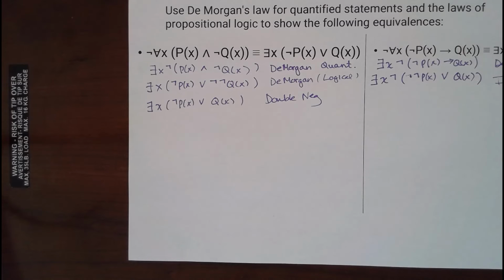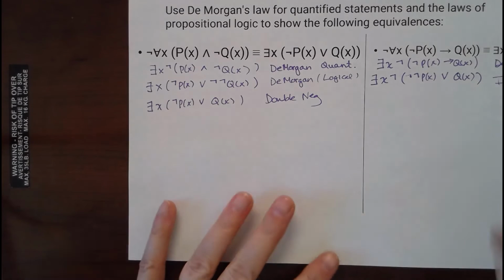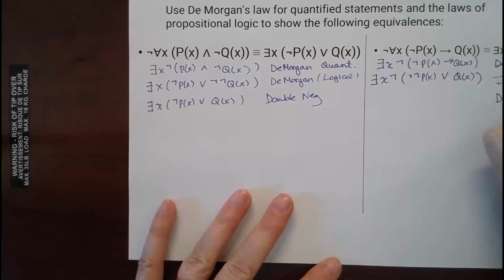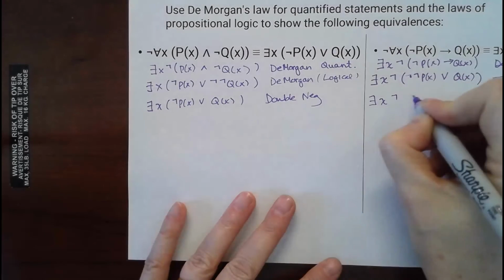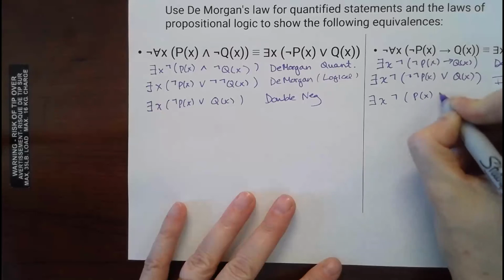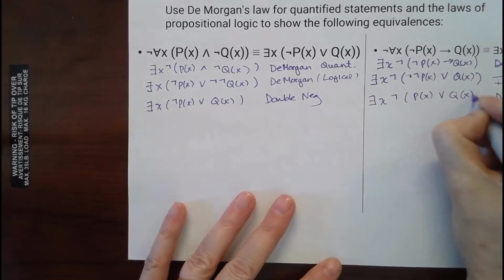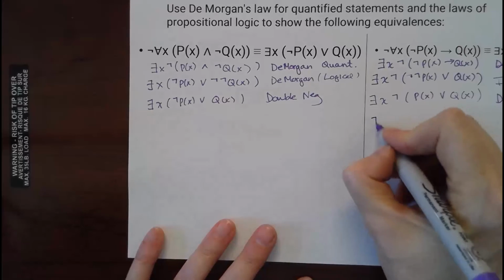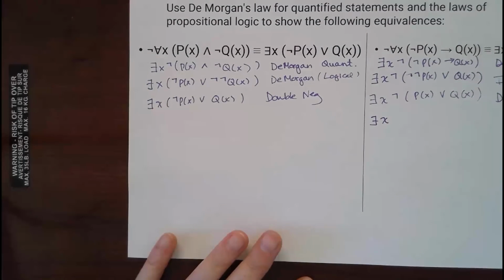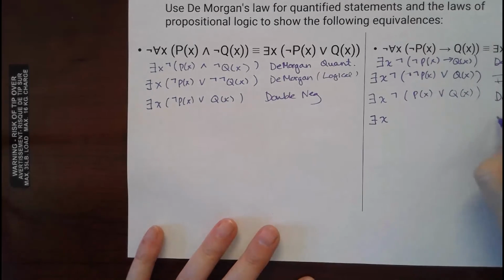Okay. What seems like an obvious thing to do next? Double negation. Yeah. Now whenever you see that, you're just like, whoa, too many. Let's get rid of it. So that becomes P of X or Q of X. Okay. And we're almost there. What should we apply last? De Morgan. Yeah, so we're going to do De Morgan.